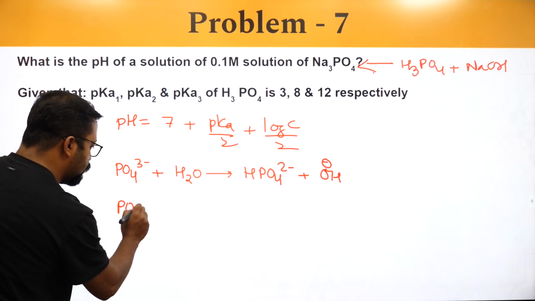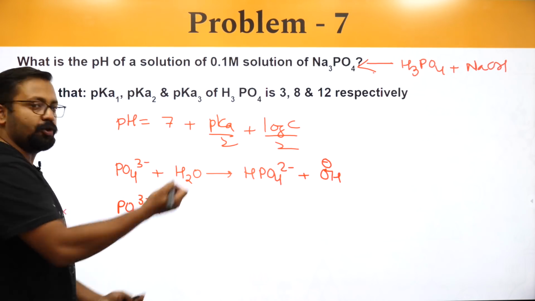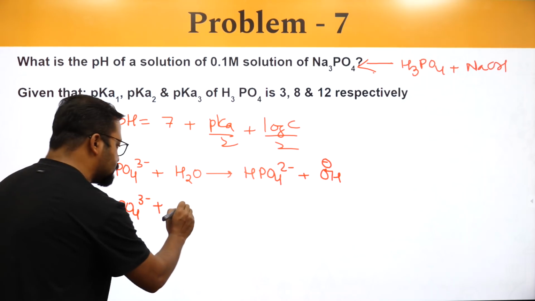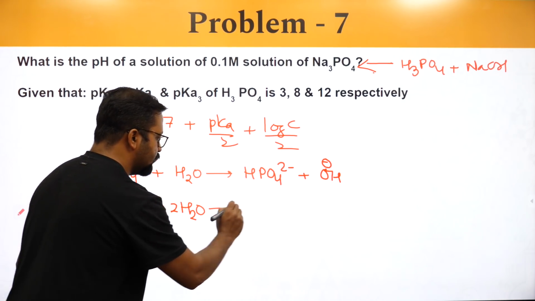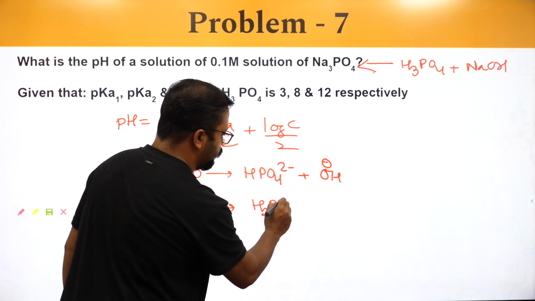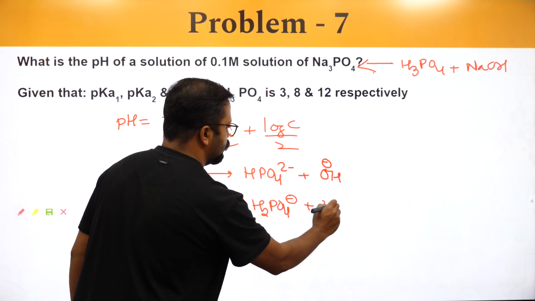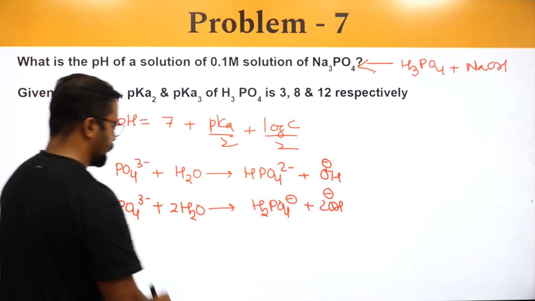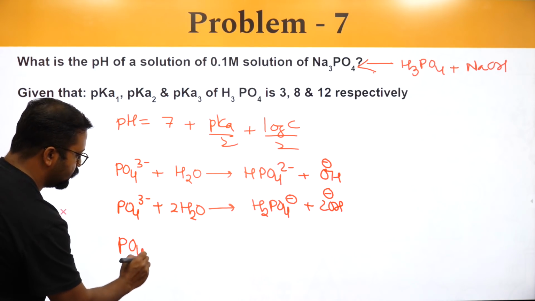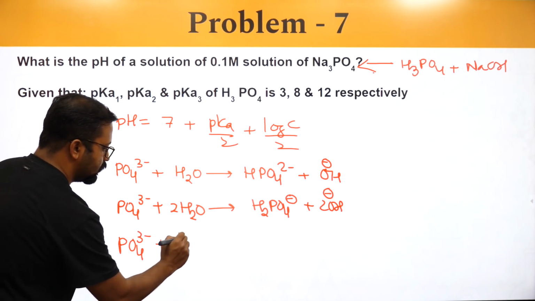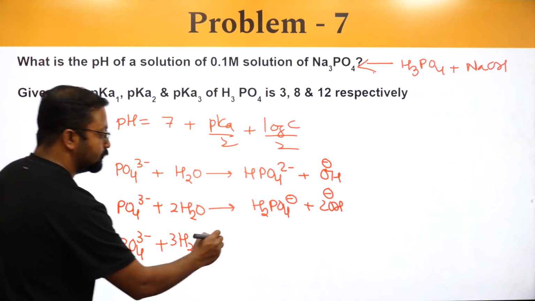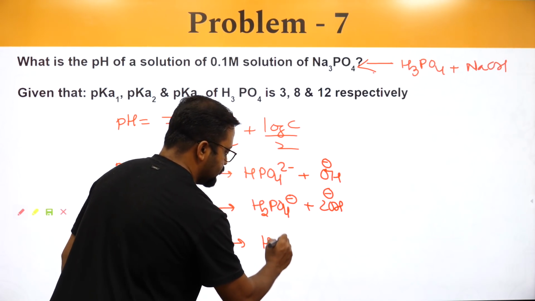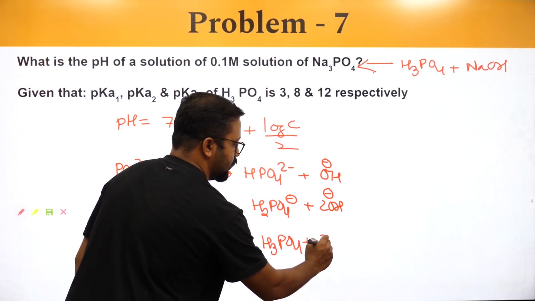It can react with 2 moles of H2O, it can react with two as well, to produce H2PO4 minus plus 2OH minus. It can also react with 3 H2O to produce H3PO4 plus 3OH minus.